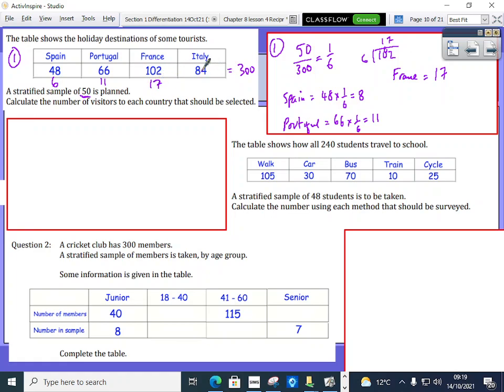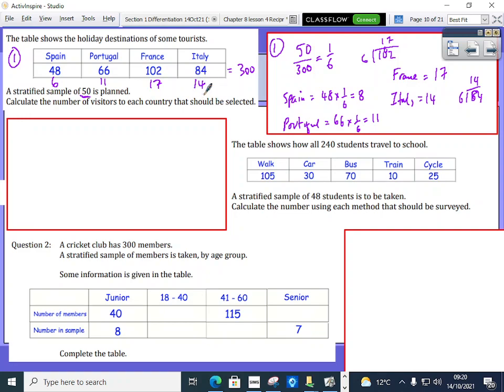And the last one, Italy. If you get 84, 1/6 of 84, 6 into 8 is 1, remainder 2, 24, 6 into 24 is 4. So Italy, your sample size will be 14.